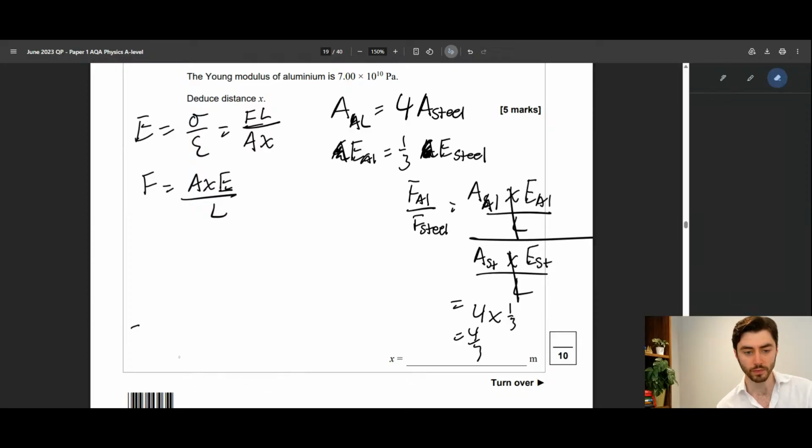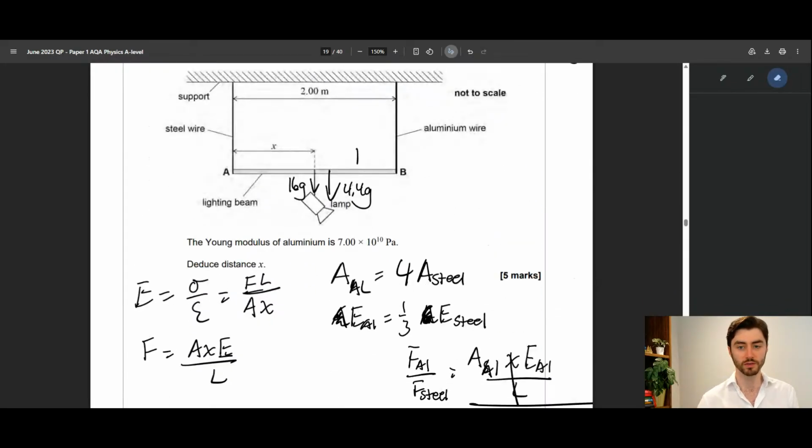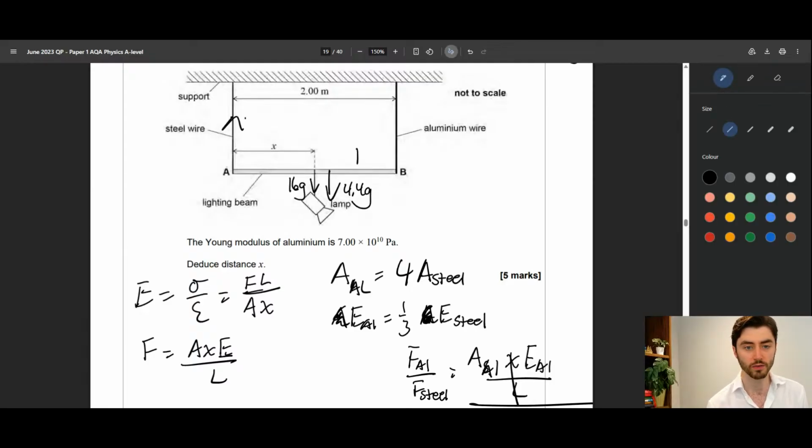Okay. So you get this ratio of 4/3. So the force here is 4/3 of that, which means that there's 7/3 in total. So if that is the force, that is 4/3 F, which means that 7/3 F equals 20.4 g.